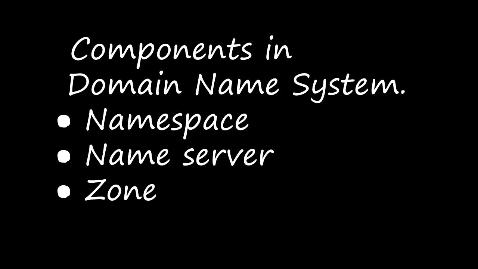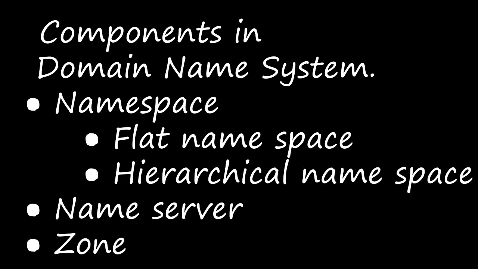Okay, the namespace can be organized into two: flat namespace and hierarchical namespace. Flat namespace is where a name is assigned to the IP address. They do not have any specific structure in this flat namespace. Some meaningful names are given to IP addresses for accessing.